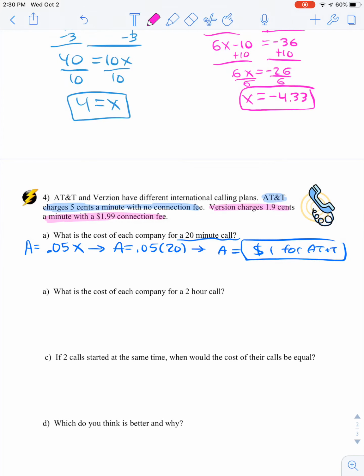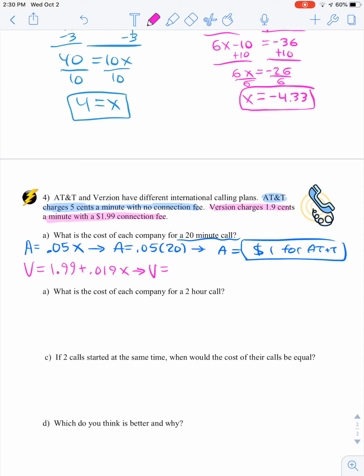For Verizon, we have to pay $1.99 before we even make a call. Just to connect, it costs $1.99. And then it costs 0.019 dollars per minute, or 0.019x. For a 20-minute call, we're going to have V for Verizon.